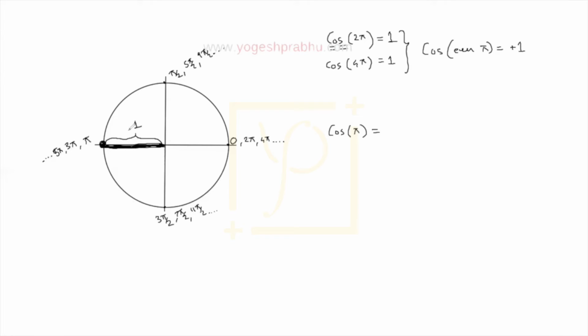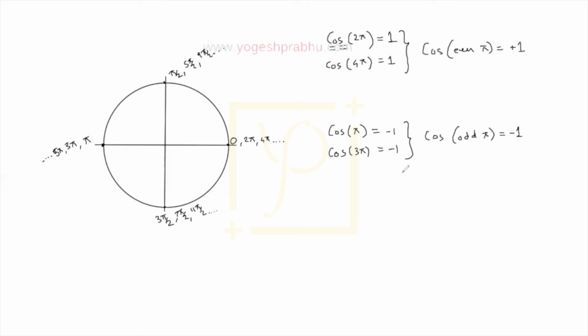The horizontal is negative here, so it is going to be minus 1. So cos of pi is minus 1. Cos of 3 pi will also be minus 1, and cos of 5 pi is also minus 1. So the conclusion is that cos of odd pi is going to be minus 1.